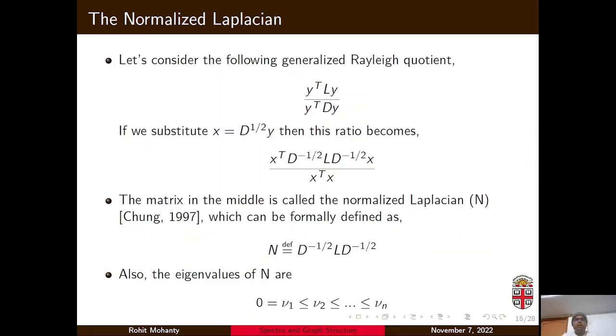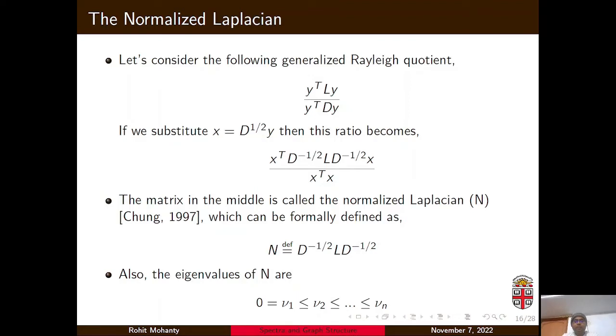Now let's talk about another important matrix, which is the normalized Laplacian. Let's consider the following generalized Rayleigh quotient, which is y transpose Ly upon y transpose Dy. If we substitute x equal to D to the power 1 by 2 y, then this ratio becomes x transpose D to the power minus 1 by 2 L D to the power minus 1 by 2 x upon x transpose x.